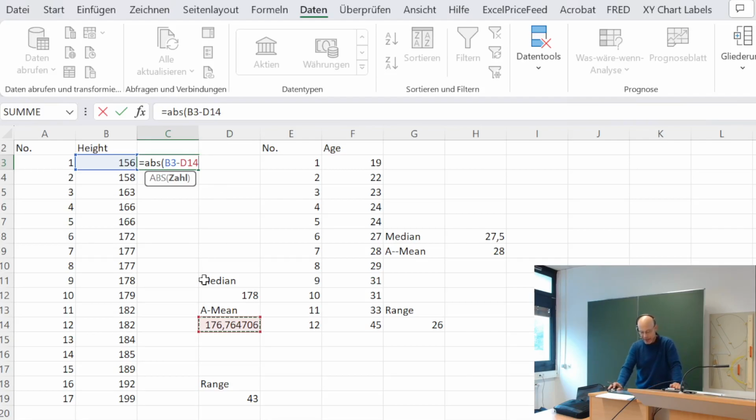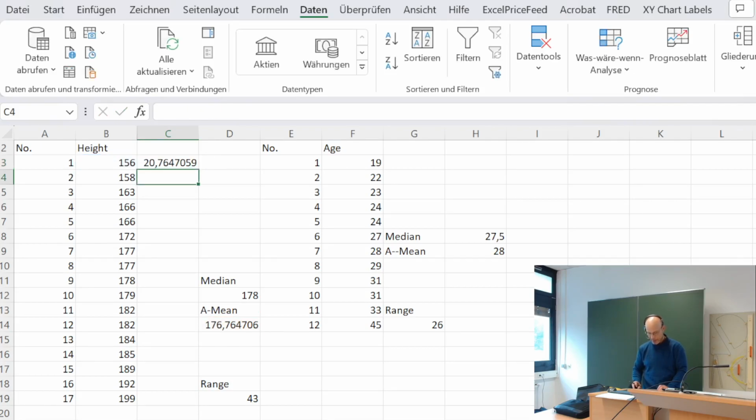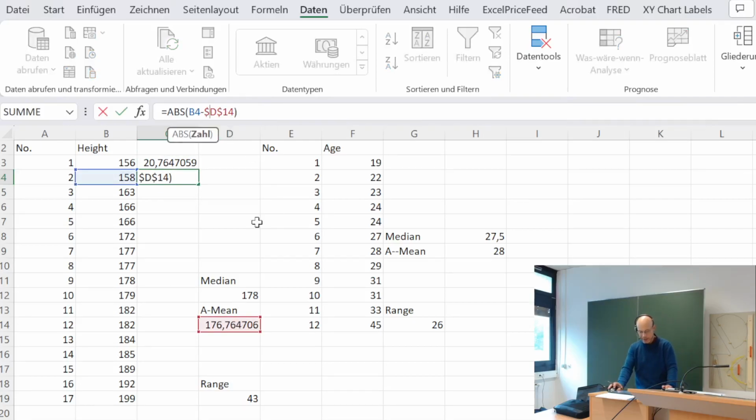And for this, we have to fix this number here. And this is done by inserting a dollar sign in front of the D and the 14. Because then when we copy this, you see it, and I click in here, then you still see that this is not moving downwards.